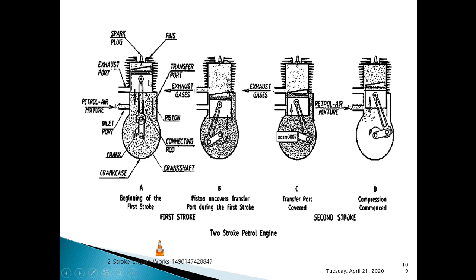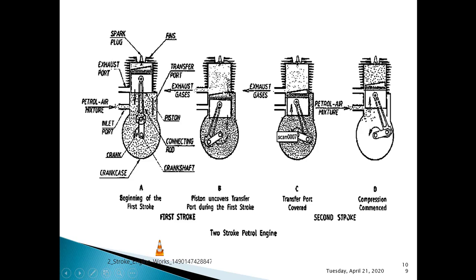When the piston starts to move downward, it uncovers the exhaust port. Part of the exhaust gases will move out of the combustion chamber, and further downward movement of the piston will uncover the transfer port. As soon as the transfer port gets uncovered, partially compressed air fuel mixture in the crankcase will enter the combustion chamber through the transfer port, and the fresh charge which comes in will force all the exhaust gases to move out of the combustion chamber.